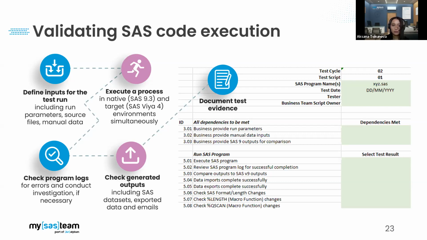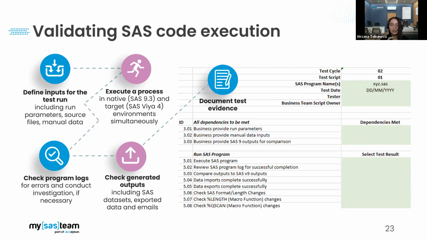So the third step is to check the program logs for errors after running and conduct the investigation. At this stage, the SAS hosting services team will be of the utmost importance, because some errors might arise from the environment and SAS Cloud.